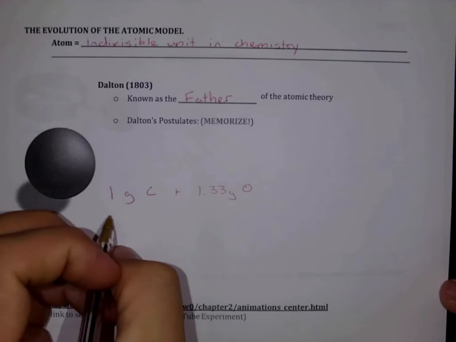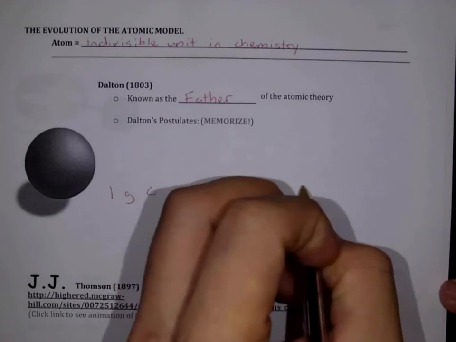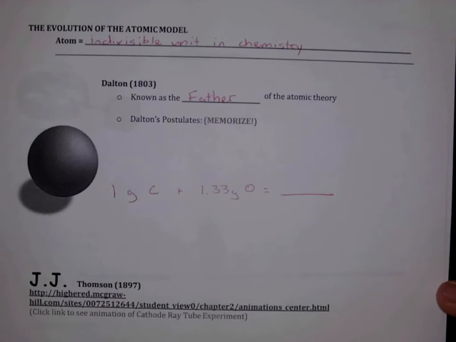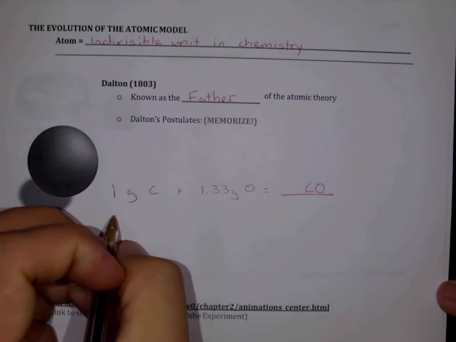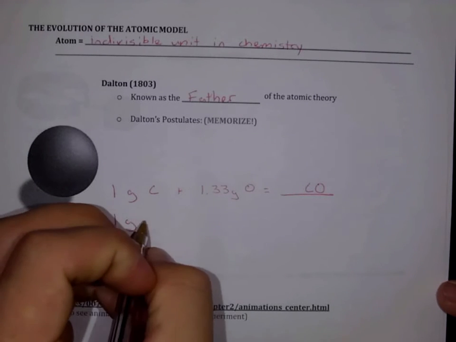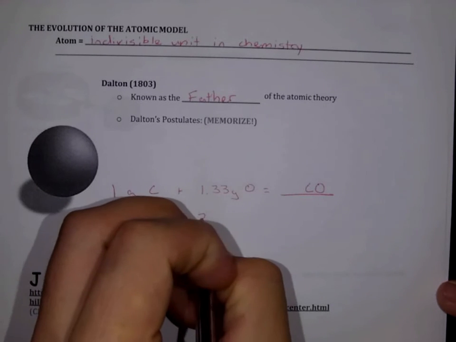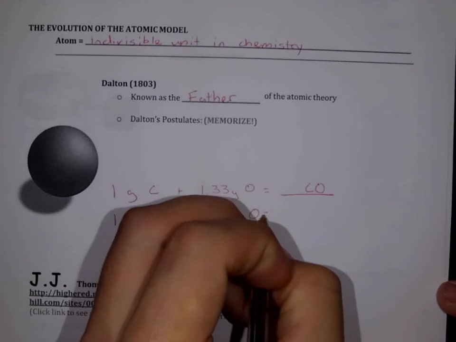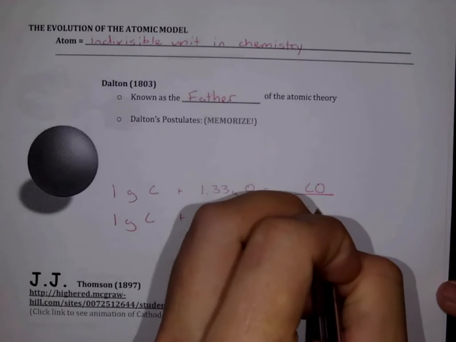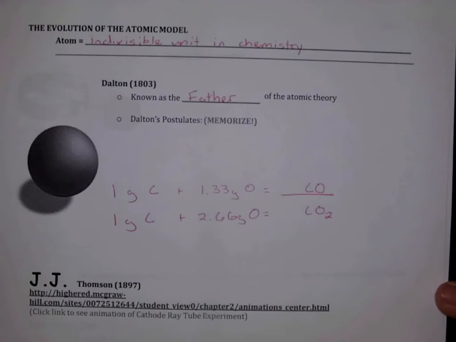Well, we could also have this resulted in some amount of a compound that they called carbon monoxide. Okay? If he had 1 gram of carbon and 2.66 grams of oxygen, they could react, and now they could form carbon dioxide.